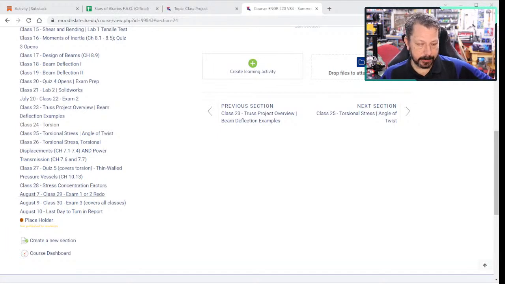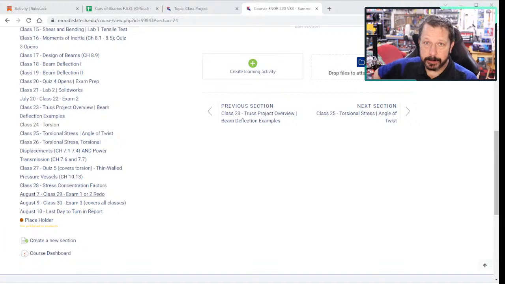And then the last week, August 7th, I think I might have said the 8th in some previous lectures, but it's the 7th. You will have the option, you don't have to do either of these, of either retaking exam 1, different questions but same content, or exam 2. Whatever you make on the new test score is the new grade that you have. So hopefully you do better. Most people do.